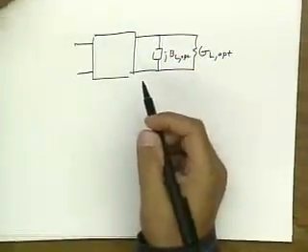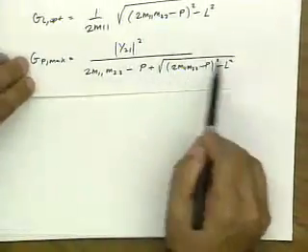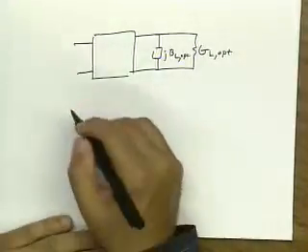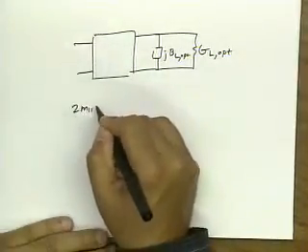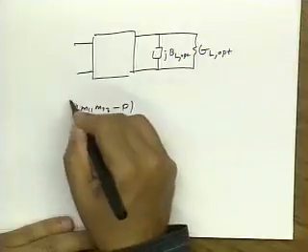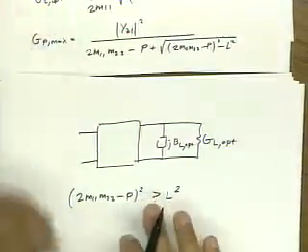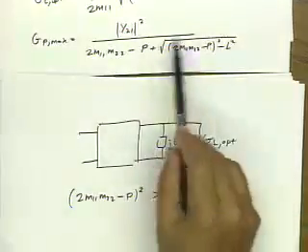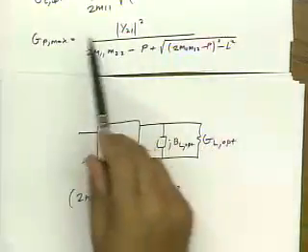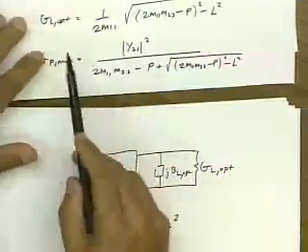Let's come back to this condition. I want this to be positive. In other words, I want 2 M11 M22 minus P squared to be bigger than L squared. This has to be positive because it's really related to the real part of GL.